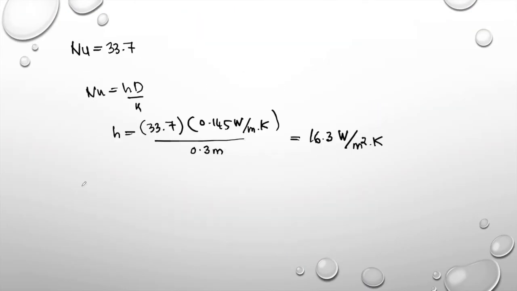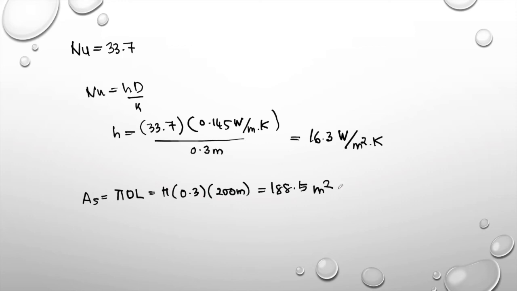So As is pi d L. So we have pi, diameter is 0.3, times 200 meter. You will get 188.5 meter square.